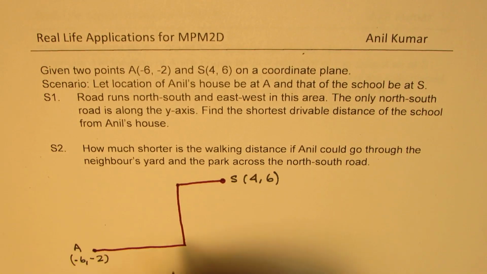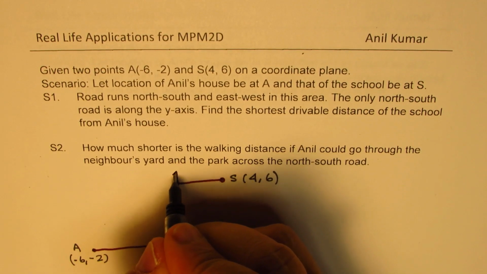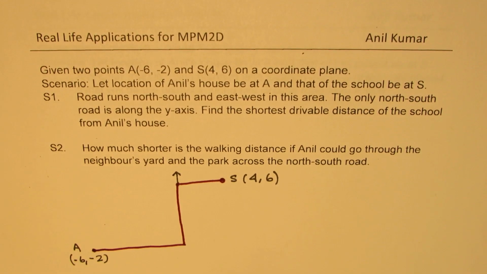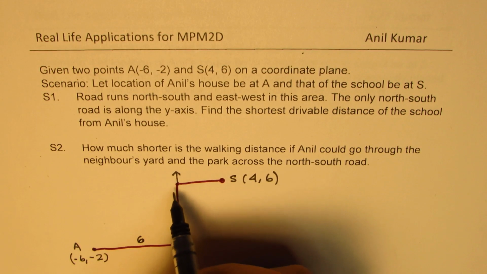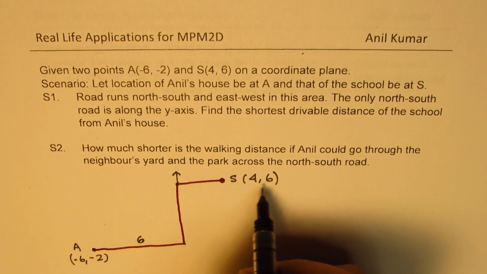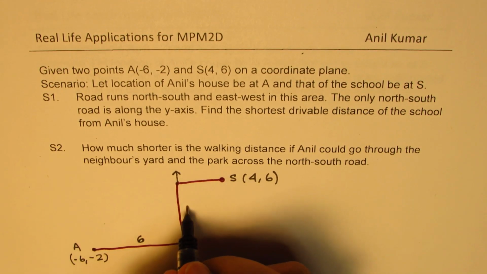Now, that is your y-axis, right? So you can just count. If you go like this, it is 6 units, right? So this distance is 6 units, and going upwards is 6 minus (-2), so that is 8 units.